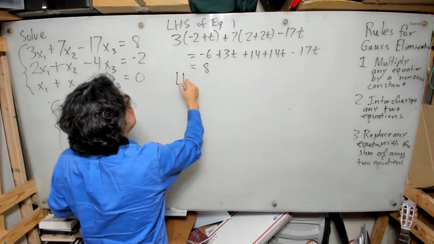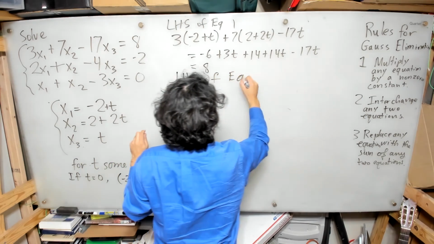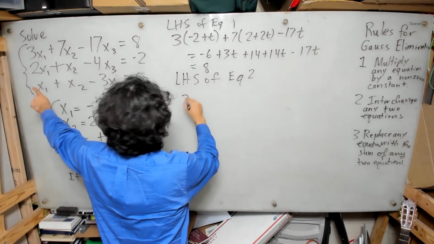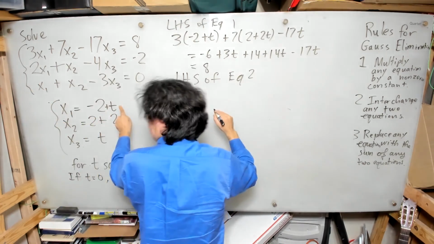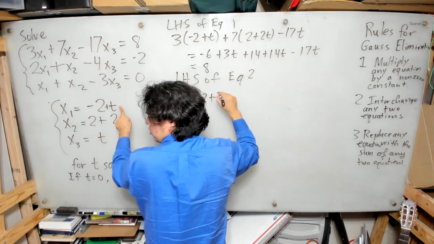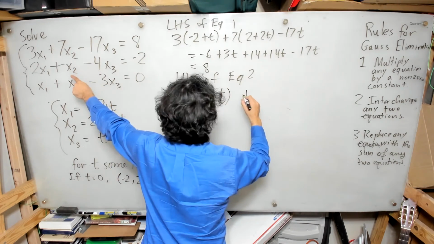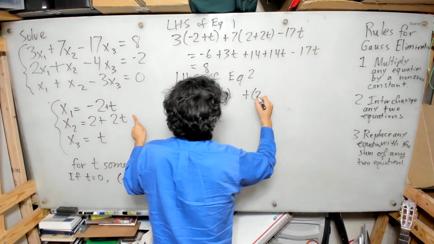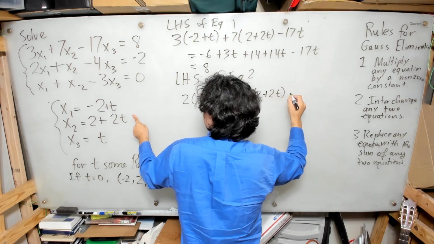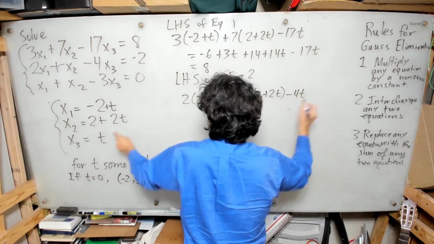What about the left-hand side of equation 2? I'm going to plug in 2 times my x1. What's my x1? It's negative 2 plus t, plus my x2, which is 2 plus 2t, and then minus 4 times t, because that's my x3.